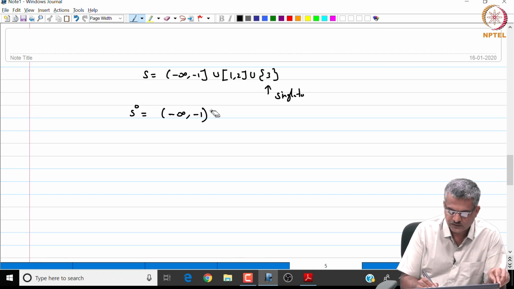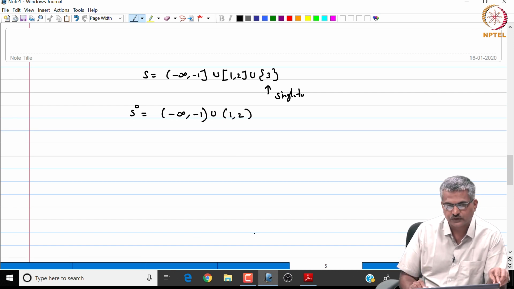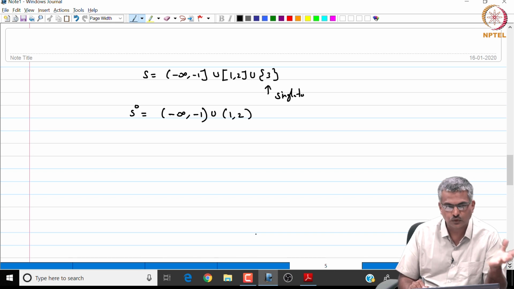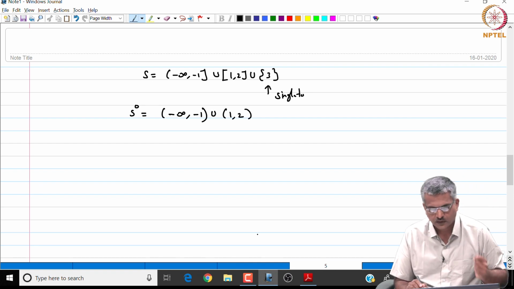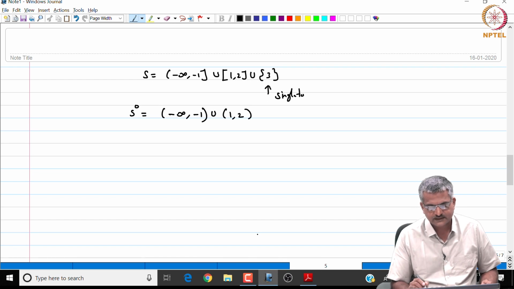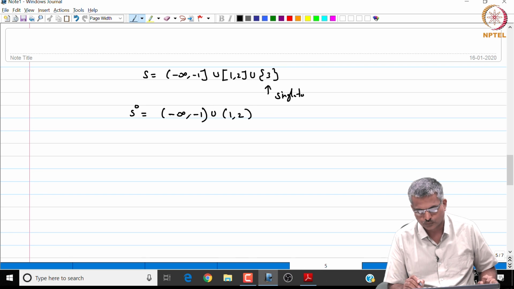Now, what about this? 1 and 2 you exclude them, and we also know that a singleton is a closed set, so obviously it does not qualify to be an interior point. So, the interior of set S is from minus infinity to minus 1 union 1 to 2.